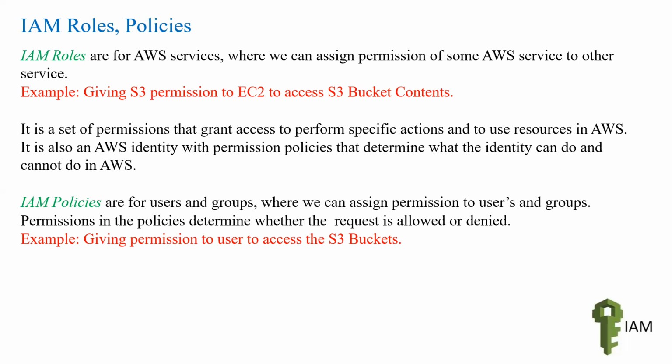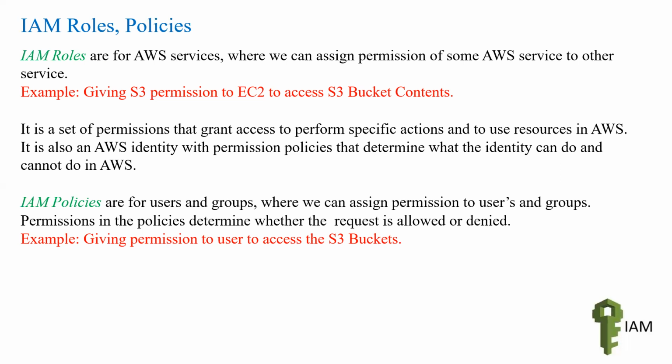We were just discussing this, right? IAM policies are meant for users and groups, where we can assign permission to a user and also to a group. Permissions in the policies determine whether the request is allowed or denied. Example, giving permission to a user to access S3 buckets or to access EC2 instance related activities.